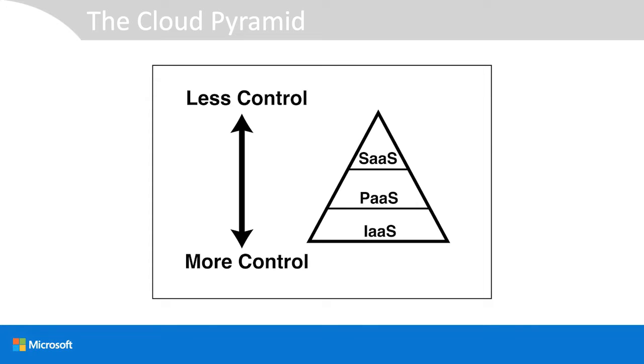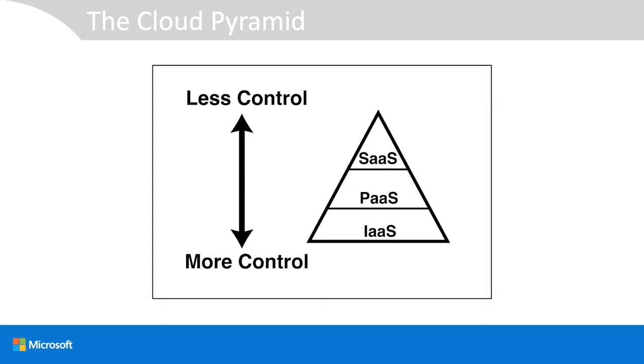For example, if you have a website running on a PaaS service in Azure, you can give users the ability to log into that website using their social media account without having to do much more than just flip a switch. At this level in the cloud pyramid, the cloud provider manages everything on the underlying VMs, and that means you have no control over when OS updates are installed.